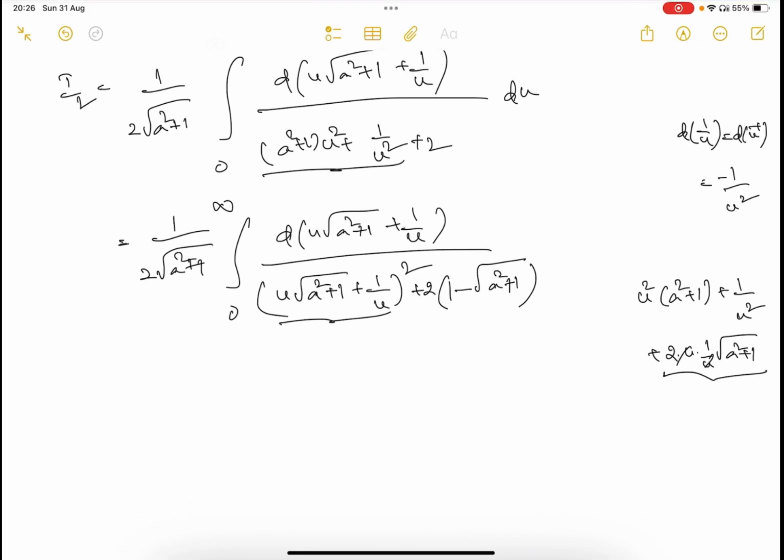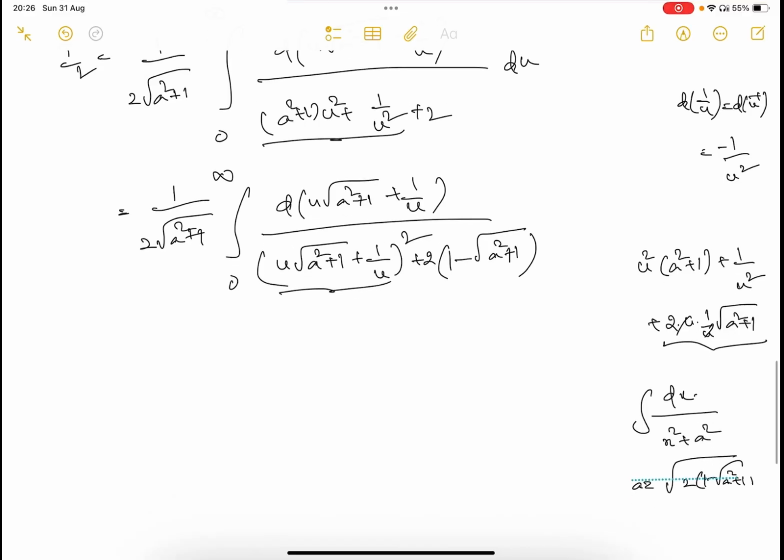Then as you can see, it is in the form of dx by x square plus a square, right? Here a is root of 2 into 1 minus root of a square plus 1. Fine. Then this will be 1 by 2 into root of a square plus 1.